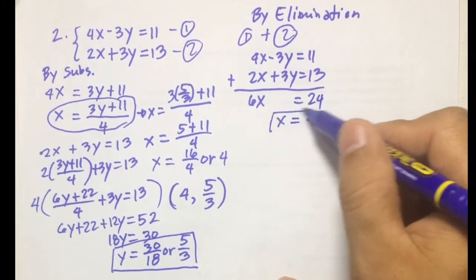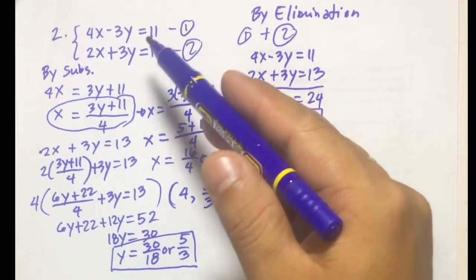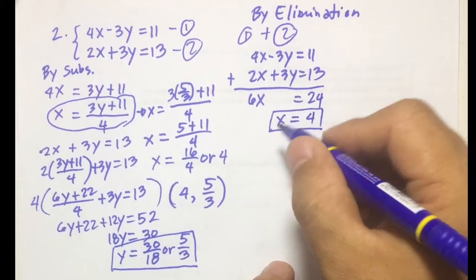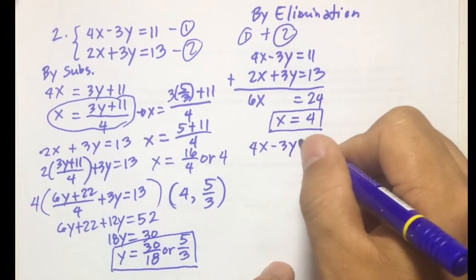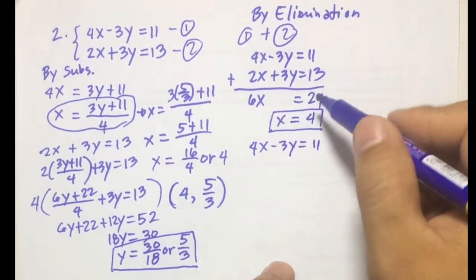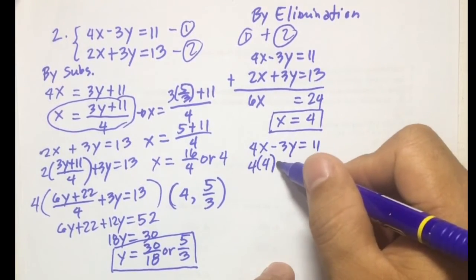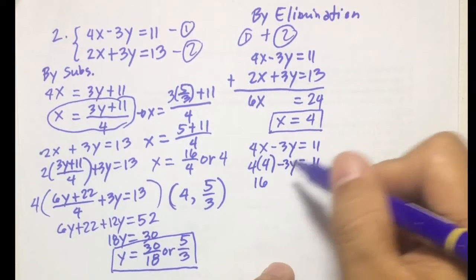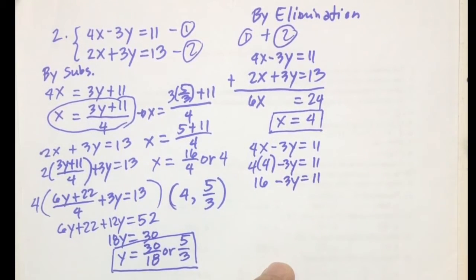Then substituting this value of x to any of the two equations, let's use equation number 1. So this is 4x minus 3y equals 11. So if x is 4, we're going to have 4 times 4, then minus 3y equals 11. So this will be 16, and minus 3y equals 11.